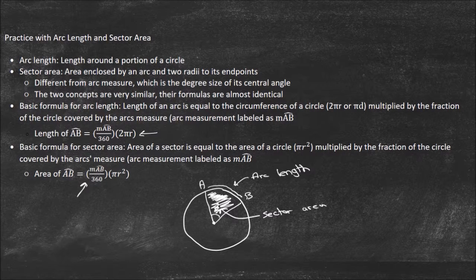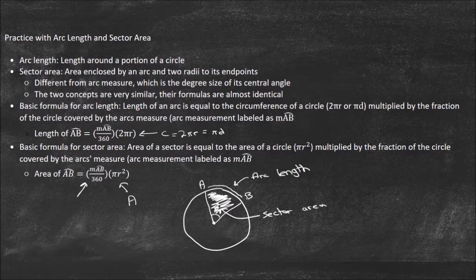The circumference, the perimeter of the entire circle, is 2 pi r. So C equals 2 pi r, which also equals pi d, where d is the diameter. For sector area, we multiply by the entire area of the full circle, which is pi r squared.